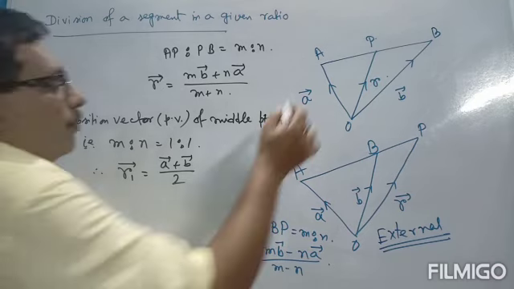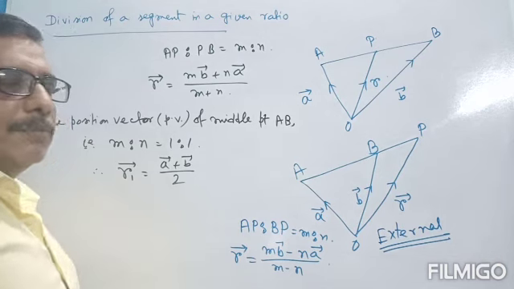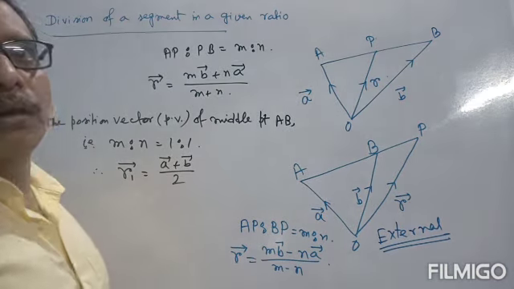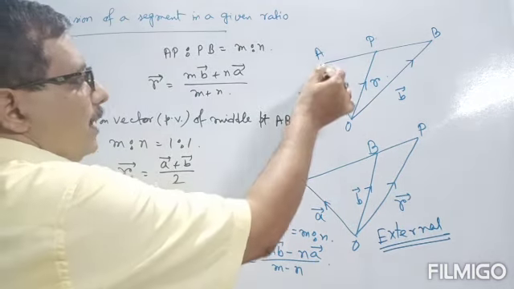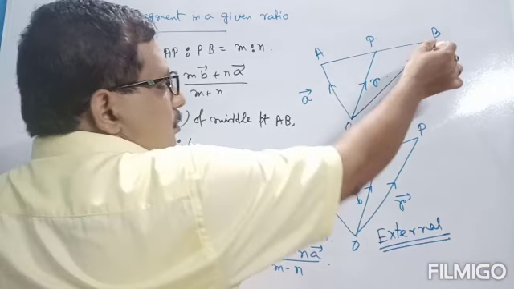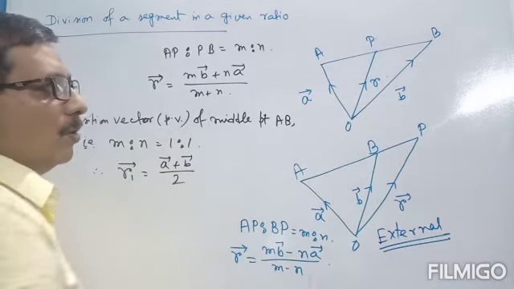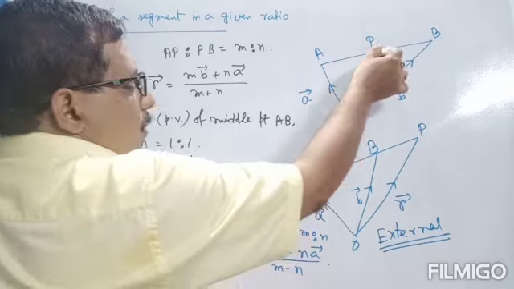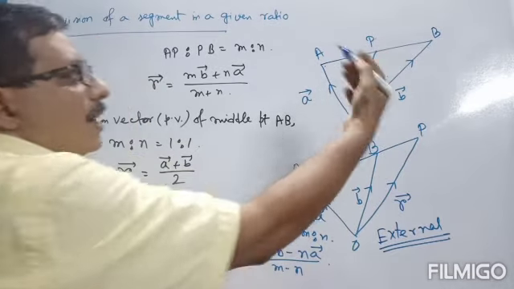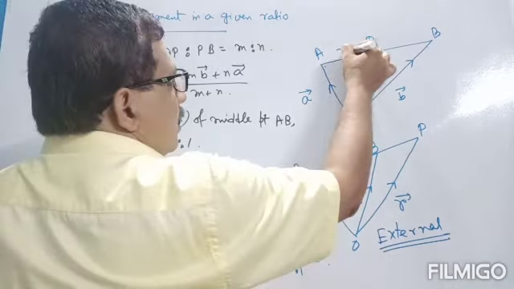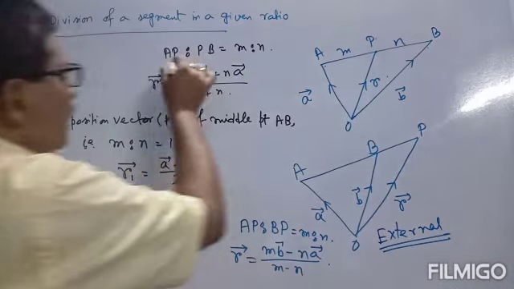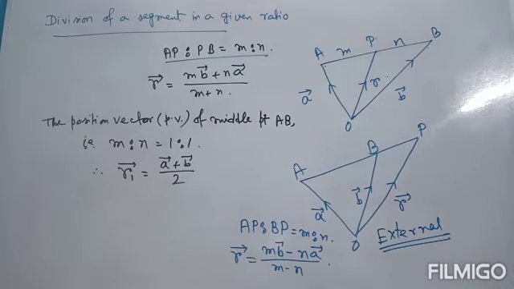Here, in the vector method, the position vector of A is small a and the position vector of B is small b with respect to some origin O, and P is a point on AB which divides AB in ratio m:n. That is, AP is to PB is m:n.